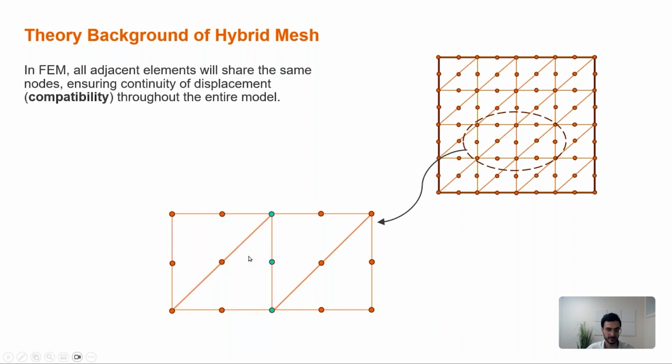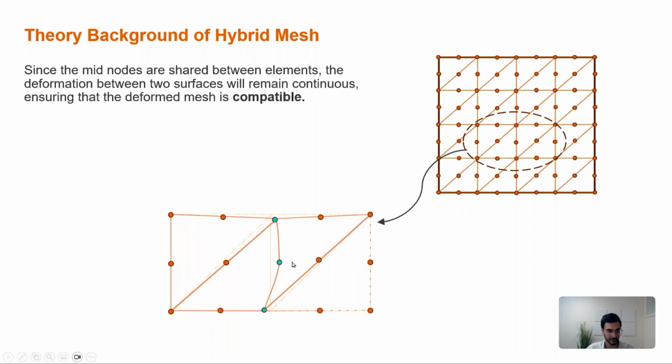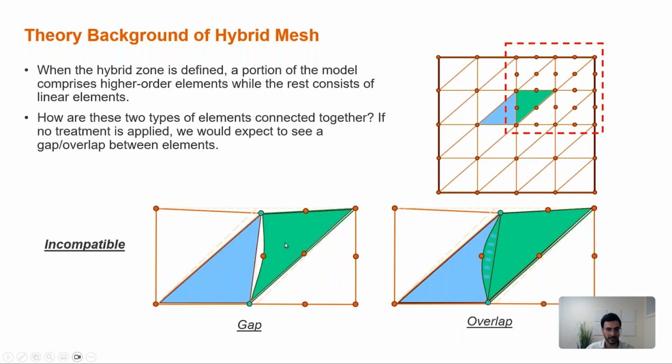We have the same concept on all the other elements, and this applies to every other edge. When we have continuity of the solution, the deformed configuration will be compatible, meaning that deformed configuration of those edges comply with the deformation of the elements around them.